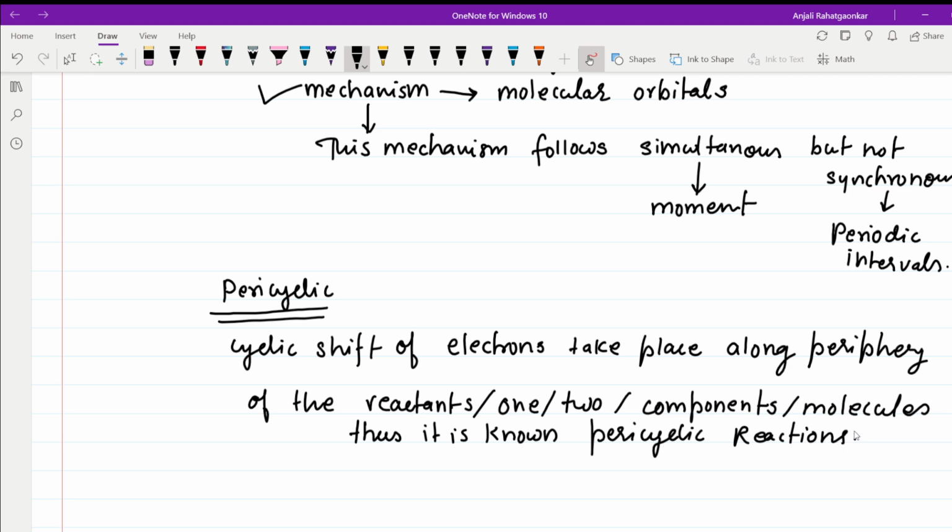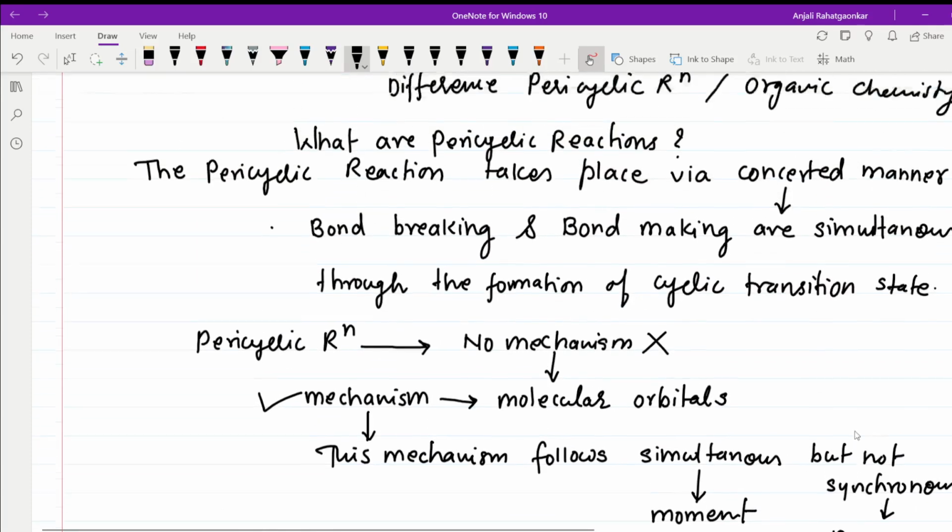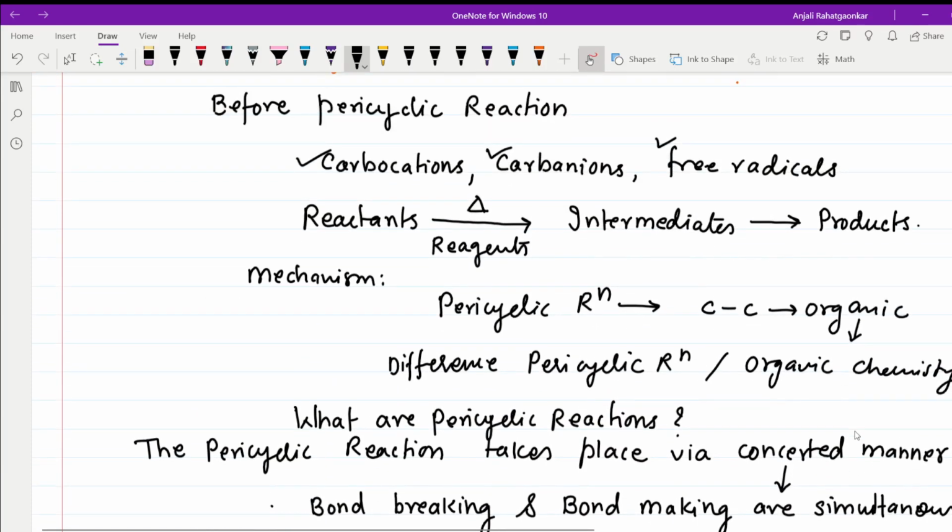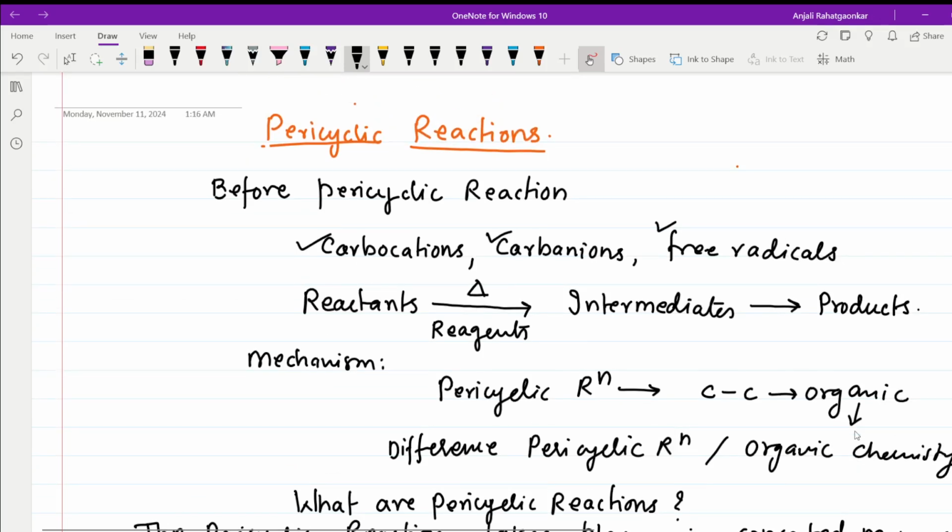Before we go to the actual examples or some important features of the pericyclic reaction, let me revise whatever I have told you just now. We know that pericyclic reactions are organic reactions because they also form a C-C bond.